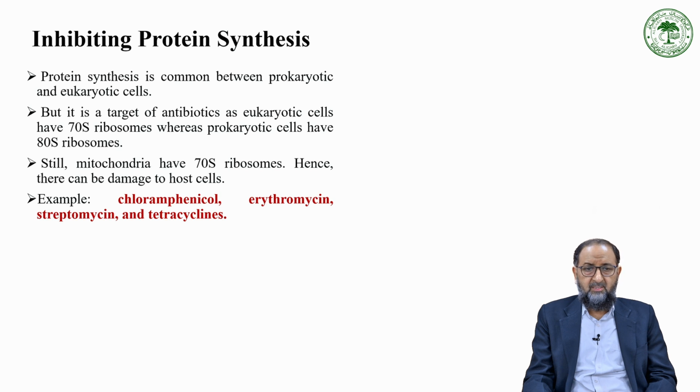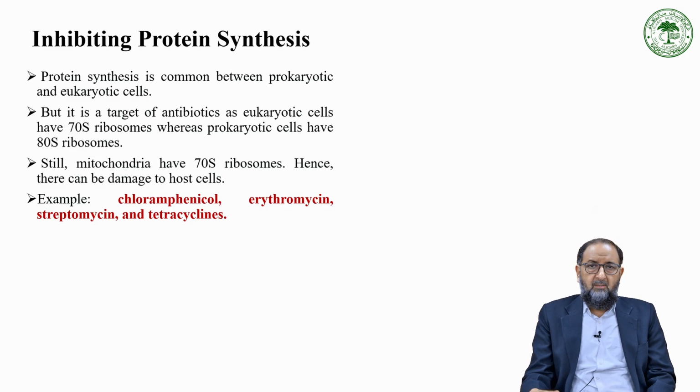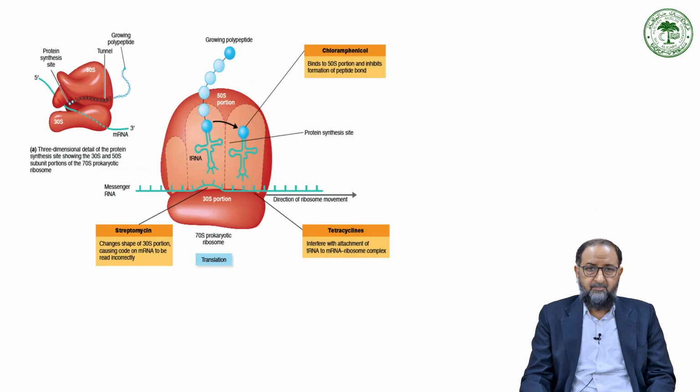They all act as antibiotics on the 70S ribosome complex, either 30S or 50S, either through blocking the tRNA, or through blocking the mRNA, or blocking translocation, or blocking the peptide bond formation. So all these mechanisms are involved in inhibiting protein synthesis.